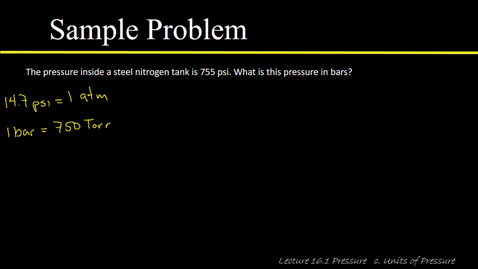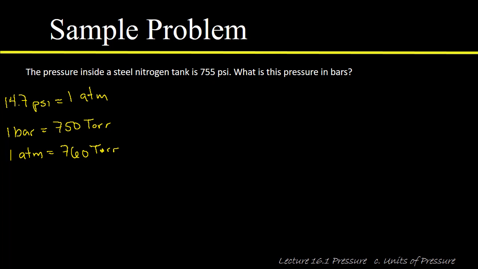So the last thing we need, I hope you will recall, is that 1 atmosphere is 760 torr. And this will allow us to go from psi to atmospheres, from atmospheres to torr, and then from torr to bar.